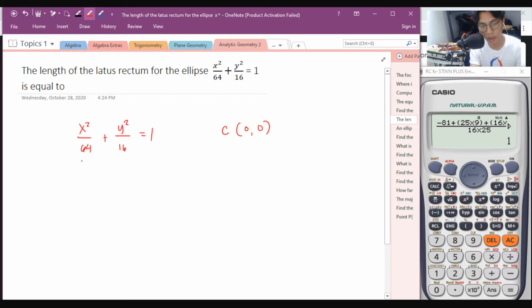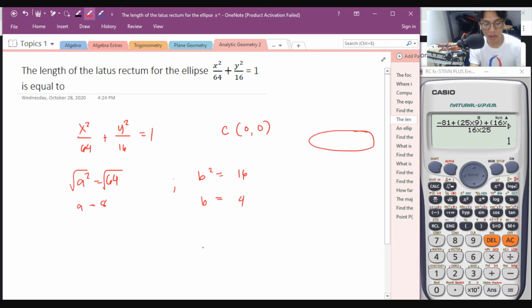And then what is your A here? A squared is 64, so take the square root of 64. A is equal to 8. B squared is equal to 16, so your B is equal to 4. A is longer than B, which means your ellipse is horizontal.